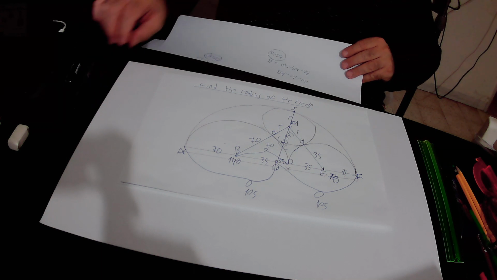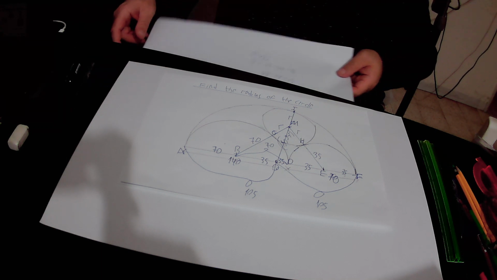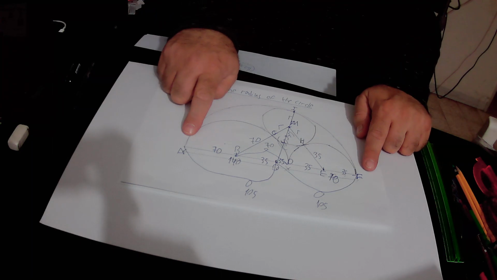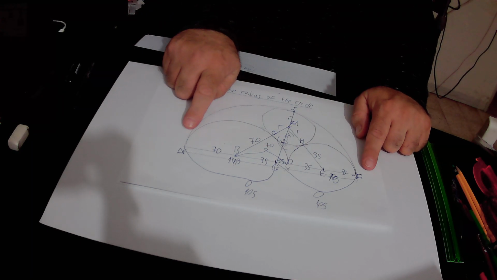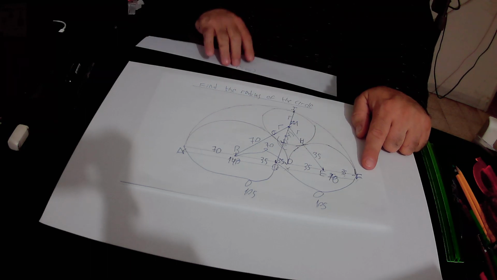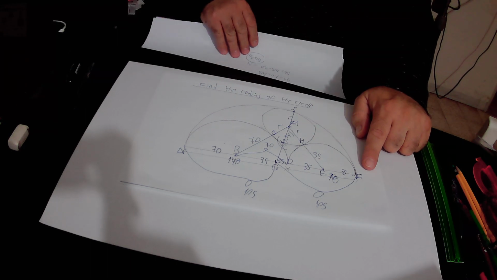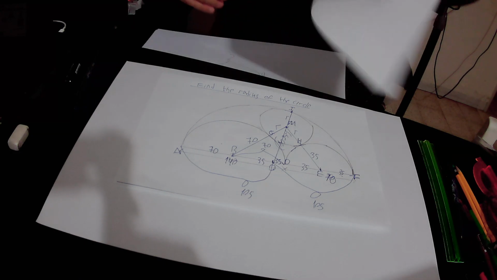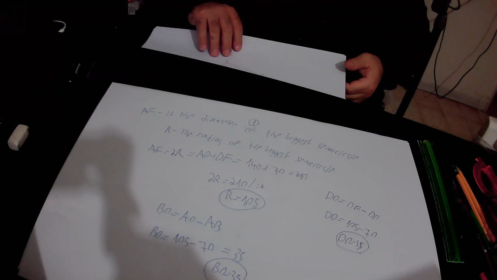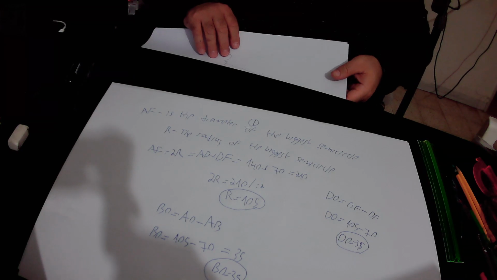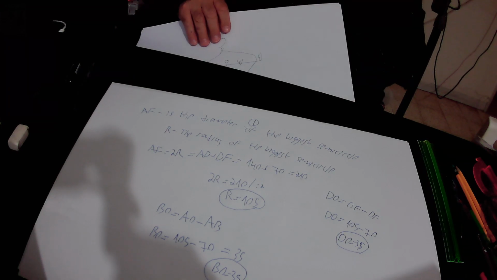Okay, so first of all, AF is the diameter of the biggest semicircle. Here AF is the diameter of the biggest semicircle.